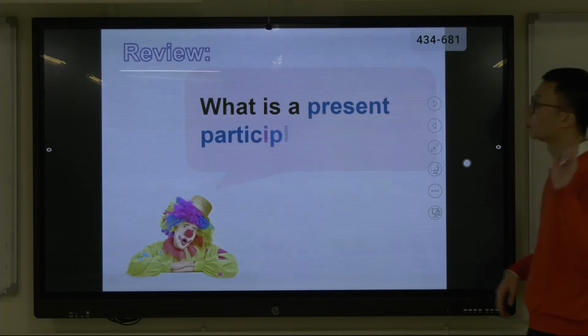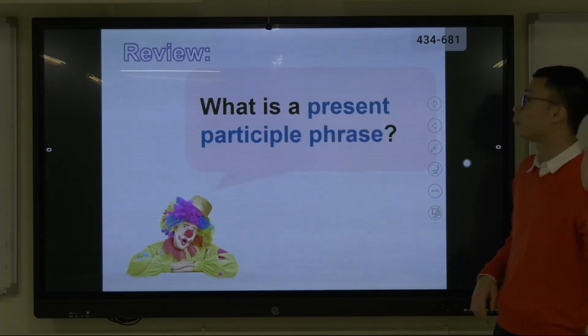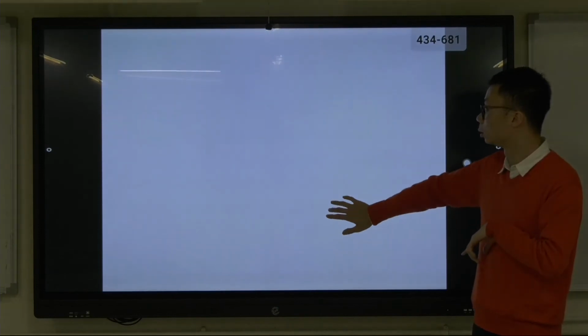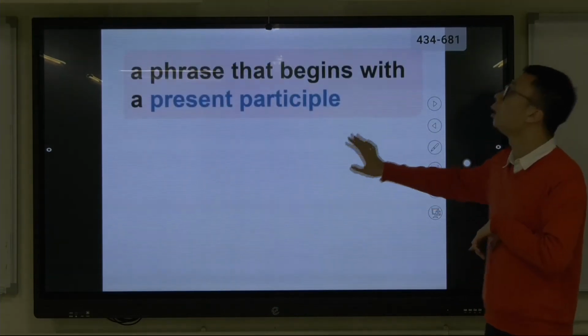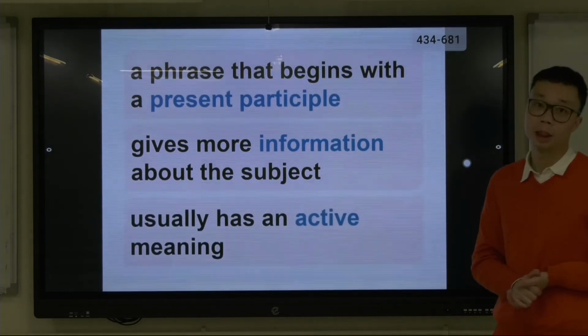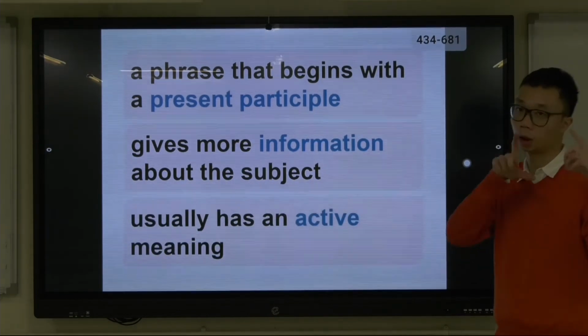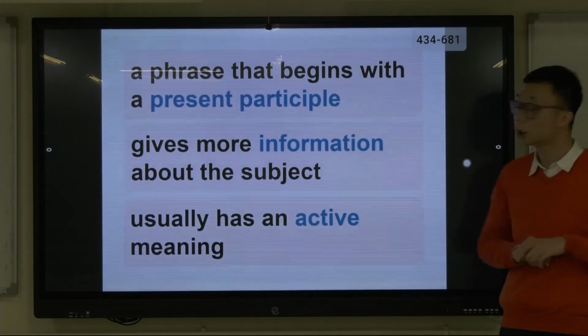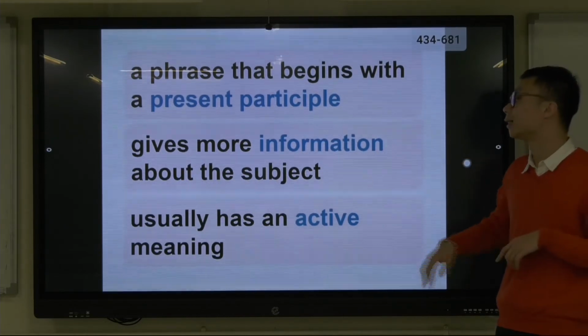Okay, quickly read. What is a present participle phrase? A phrase that begins with a present participle, so ing, or you put a not in the front, and then it gives you more information about the subject, and usually has an active meaning.